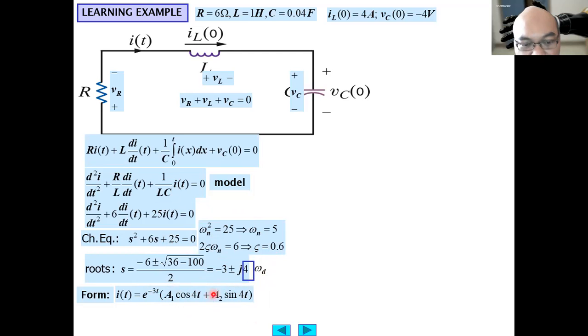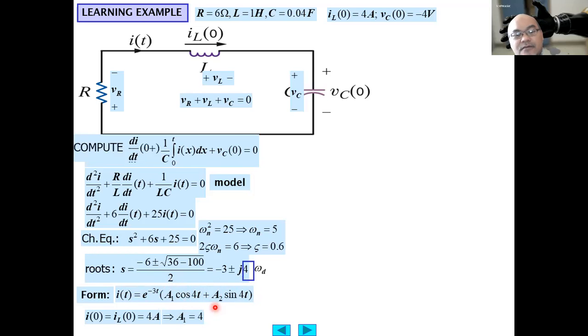Then we need to find A1 and A2. The current at 0 equals 4 ampere. Exponent 0 is 1, sine 0 is 0, so we obtain A1 equals 4.